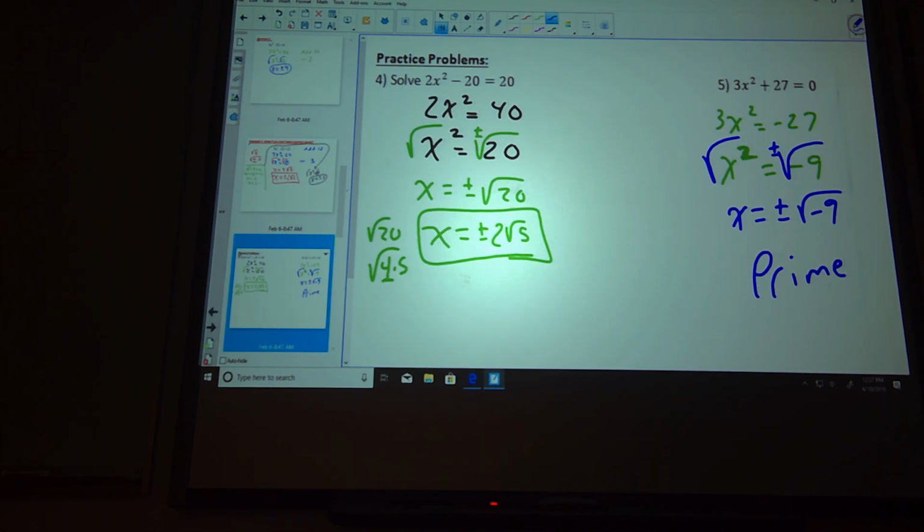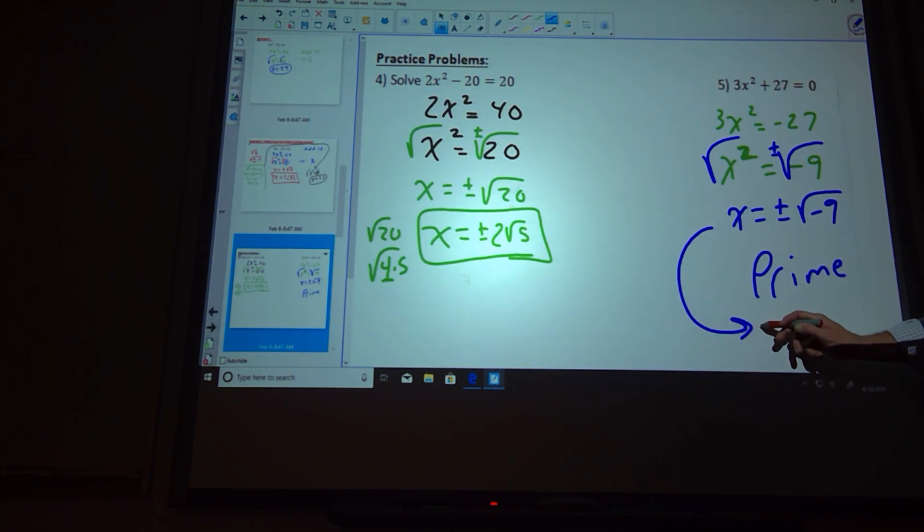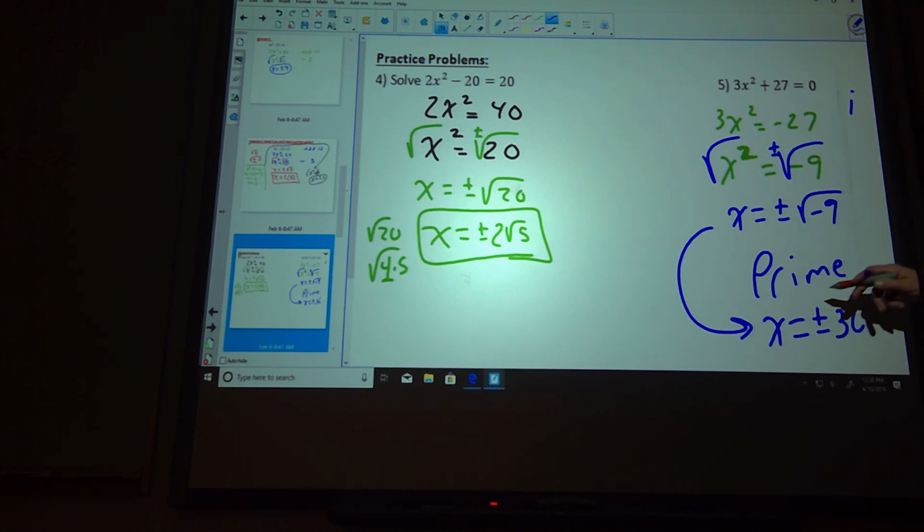When you get to Algebra 2, the answer to this actually becomes this. 3i. I stands for the imaginary numbers. It's like a J backwards, but it's the I, and that's known as the imaginary numbers. But this is all you have to get to right here.